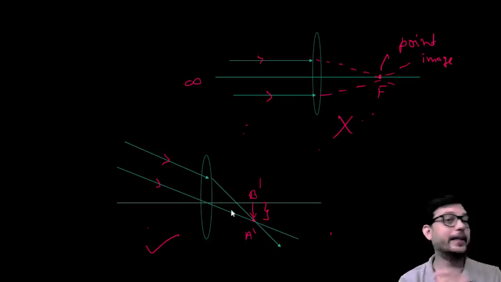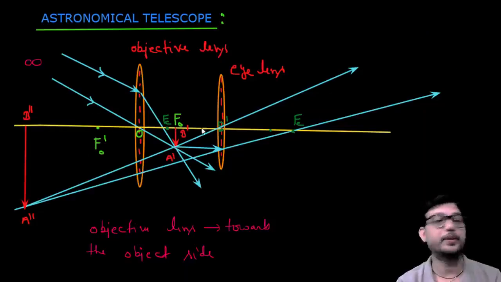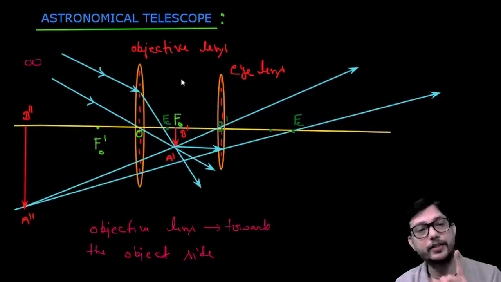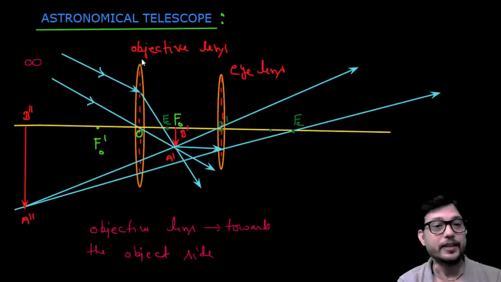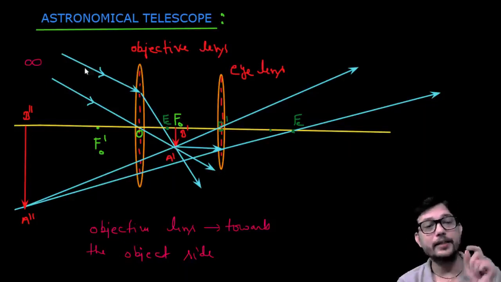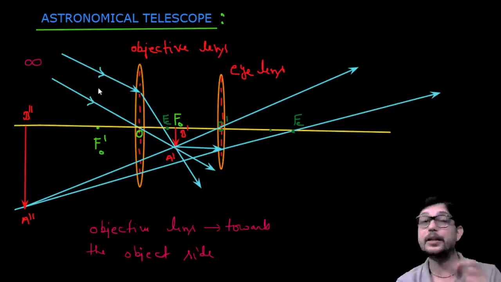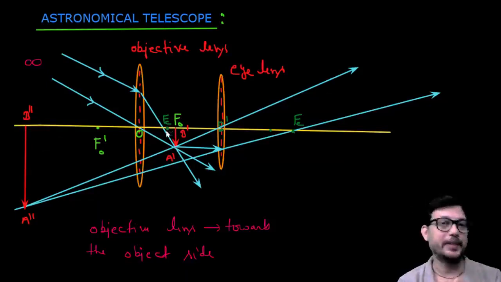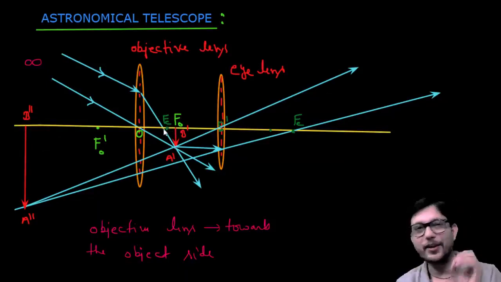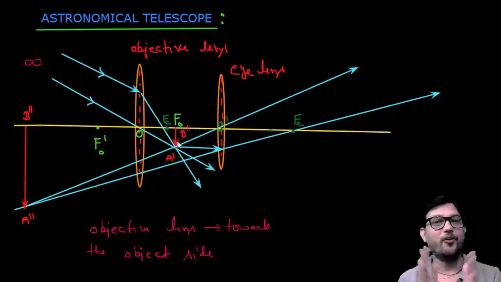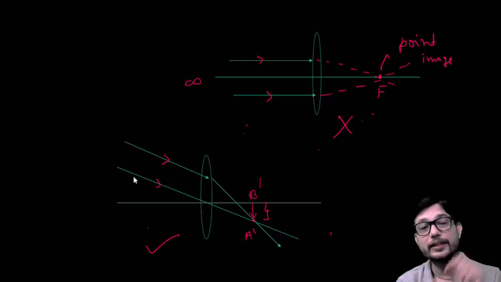So this is the second point that you should remember here. So first point is what? First point is that your objective lens must be of large aperture. Second point, whatever rays are coming from the object must be parallel to each other but not parallel to the principal axis. So these two points are now clear to all of you. Okay, now as I have explained to you that when the parallel rays come, they meet at the point of focus.